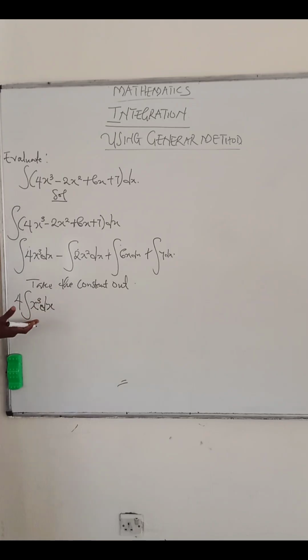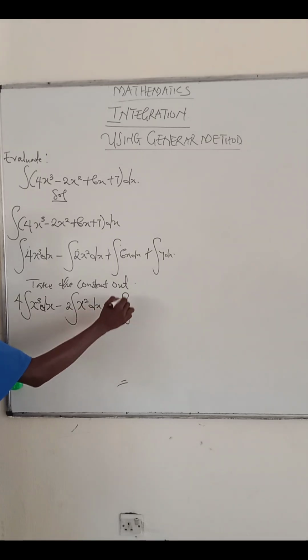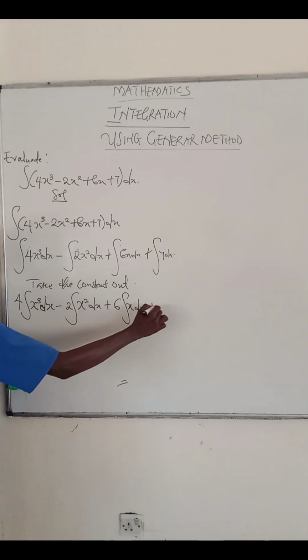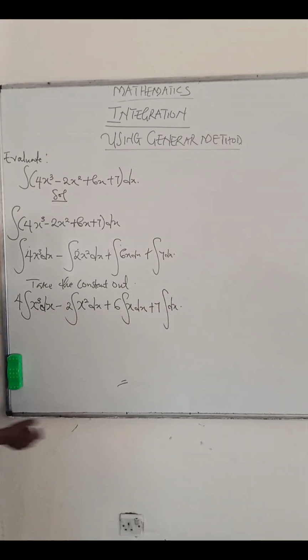Can you see you have something like this? Minus 2 times the integral of s squared ds, plus 6 times the integral of s ds, plus 7 times the integral of ds. Are you there?